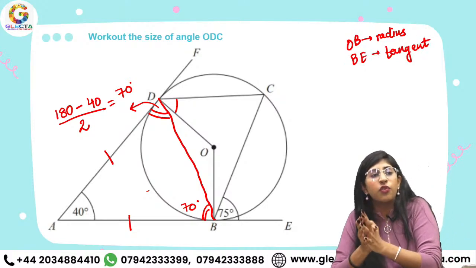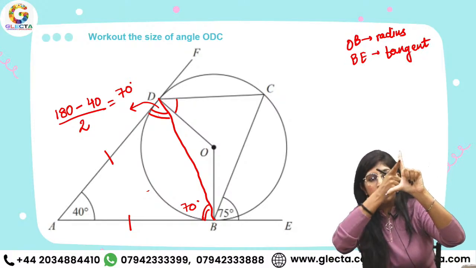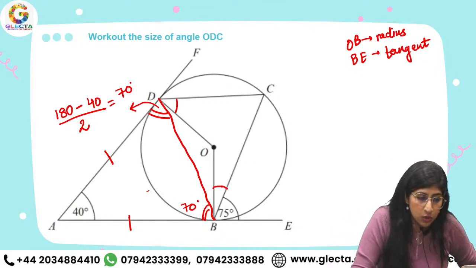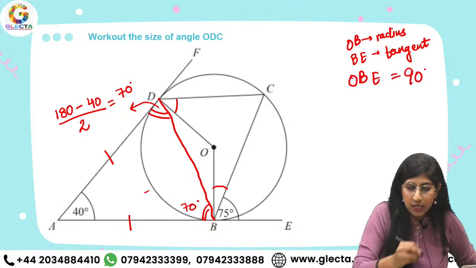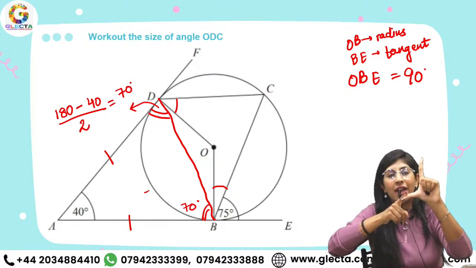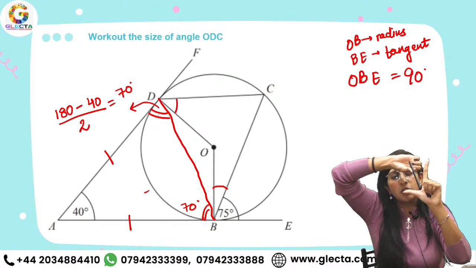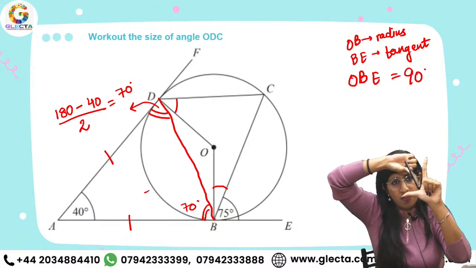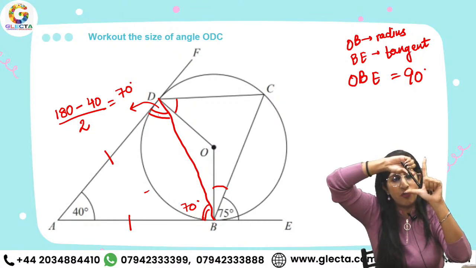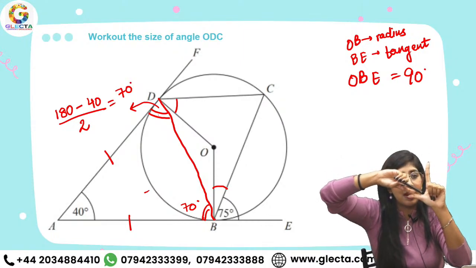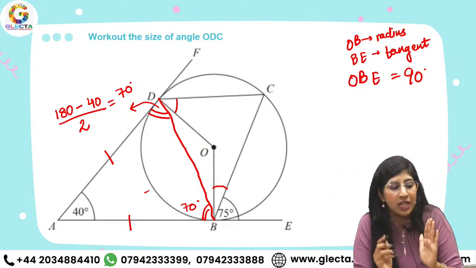The angle that is formed between radius and tangent is 90 degrees, right? So angle OBE should be equal to 90 degrees. I'm just putting my pen over here. I'm saying the total angle, the L angle that we are forming, is 90 degrees. So of course the angle formed between my forefinger and this pen and between my thumb and the pen would also add up to 90 degrees.